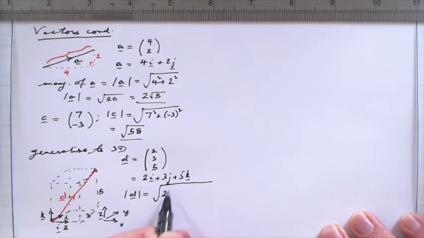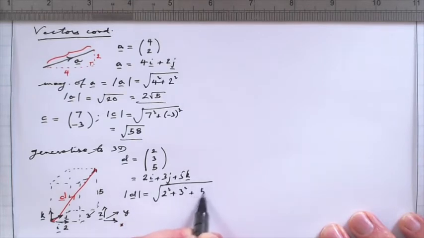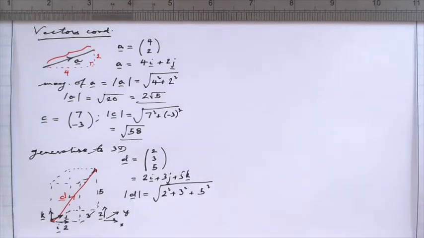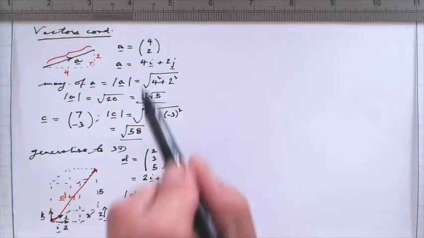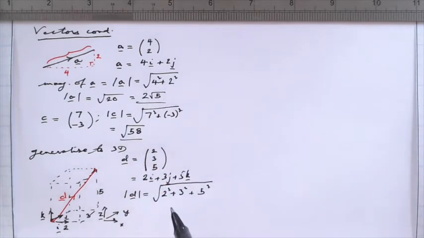So 2 squared in this case, plus 3 squared, plus 5 squared. It's a generalization of Pythagoras' theorem. It's very, very pretty, and you see it's the simplest possible generalization. It's literally the square root of the sum of the squares. It's just that we have 3 objects that are being added here because we have 3 dimensions to our vector.